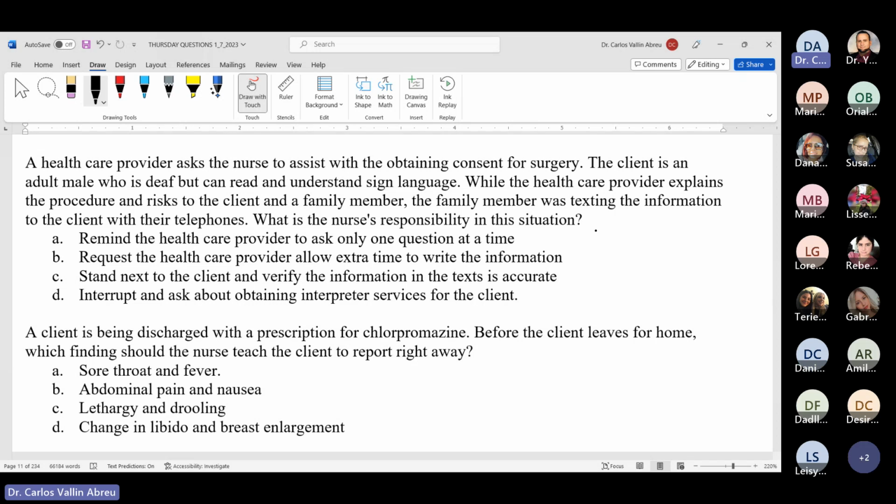So the role of a nurse advocate is to request an interpreter, because what we have here first: do we have stated in the question that the family member is authorized to know the information that the doctor is delivering to the client?